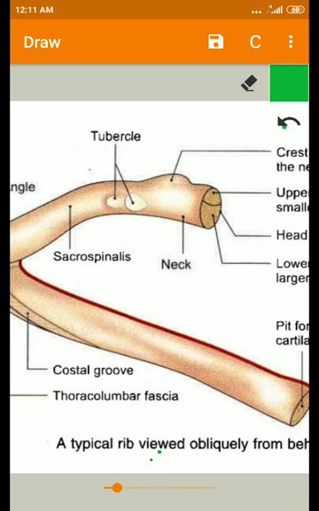The superior costotransverse ligament is attached to the upper border, the inferior costotransverse ligament is attached on the posterior surface of the neck, and the lateral costotransverse ligament is present on the lateral non-articular part of the tubercle. All these three ligaments support the joint. So when we are dealing with the costotransverse joint, you have to remember these ligaments.